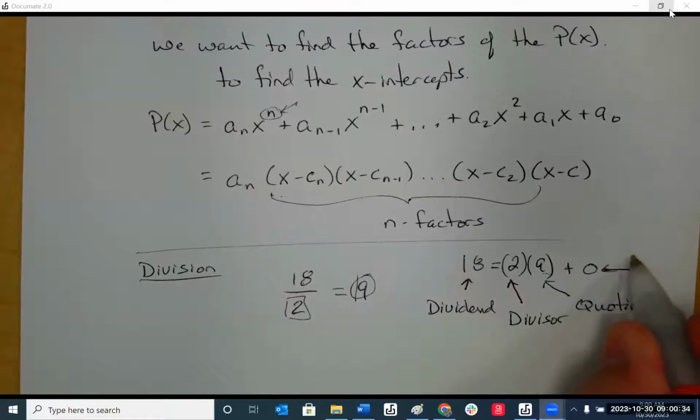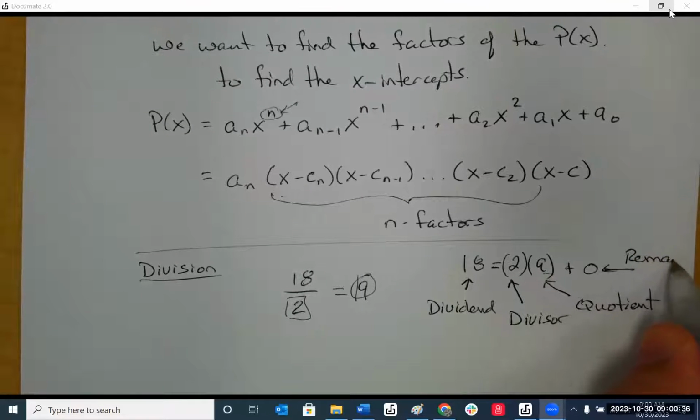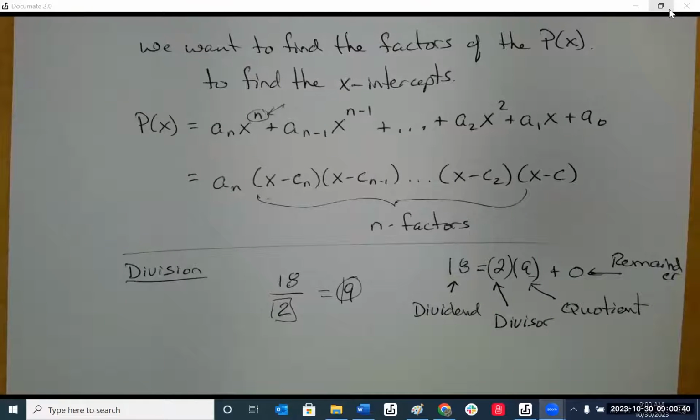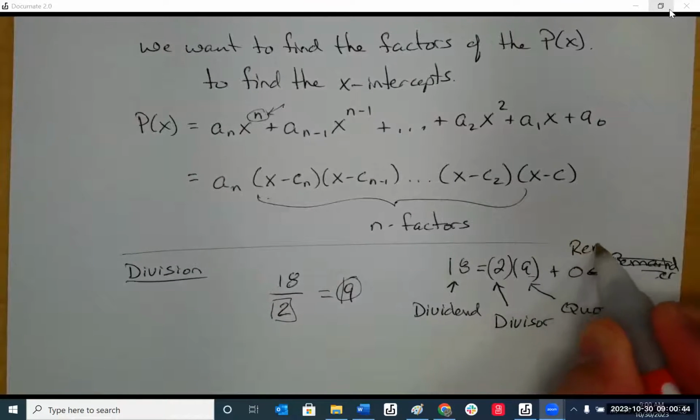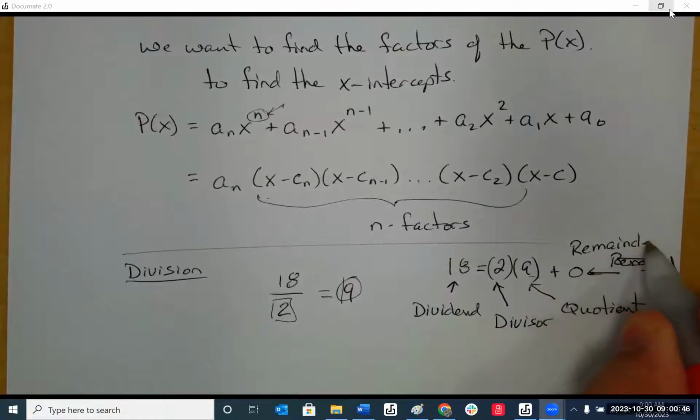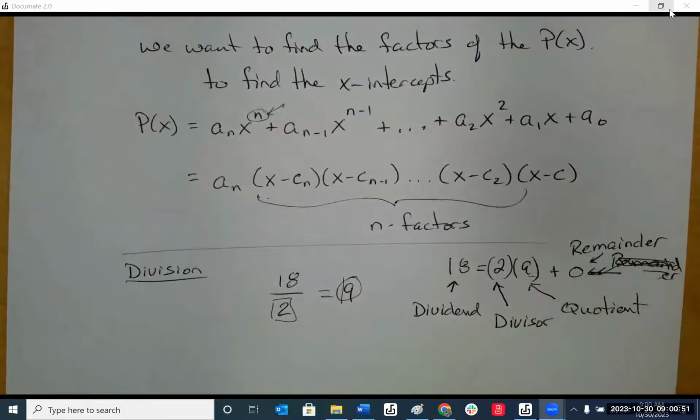And whatever's left is called the remainder. So in this case, 18 is made up of 2 times 9 with no remainder.